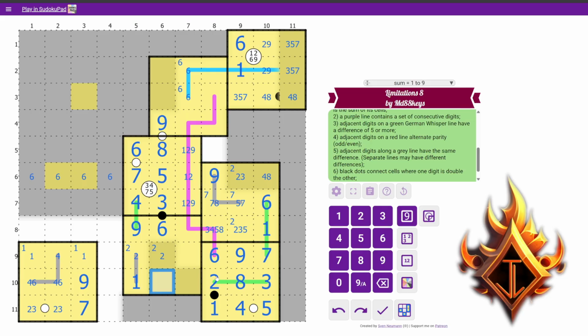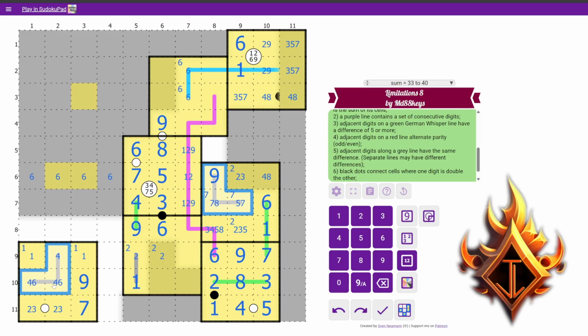So what numbers are not on this gray line shenanigans? This is 5 or 8. And this is 7 with 5 or 8. So 5, 7, and 8 are on here. So 4, 5, 6, 7, 8, 9.